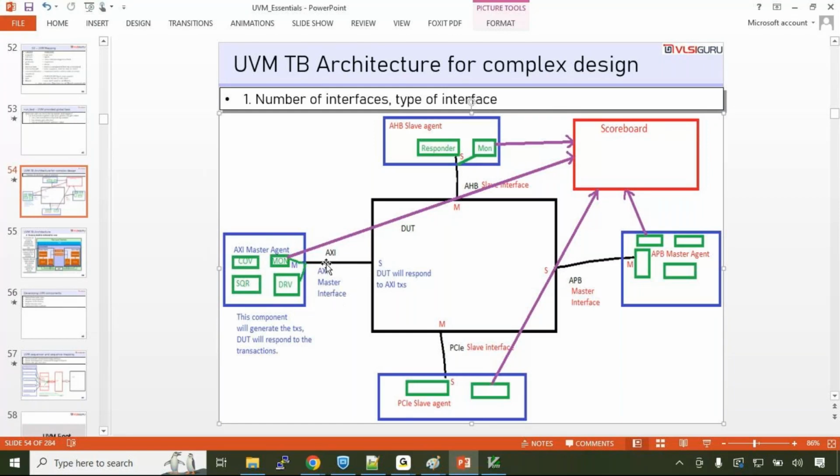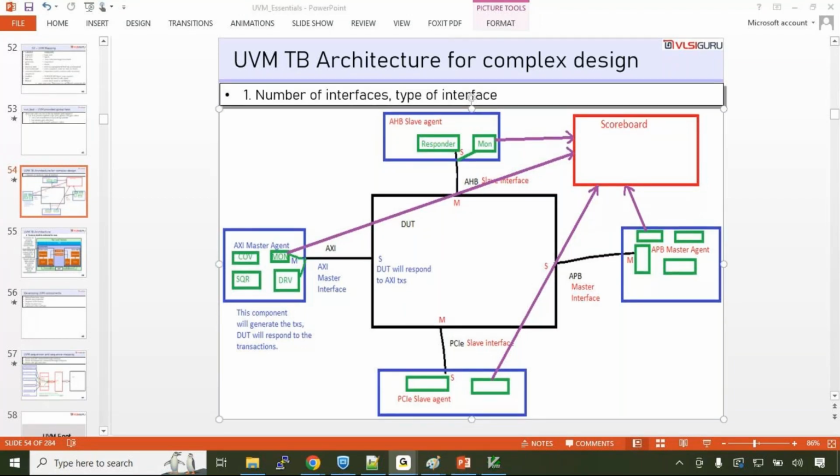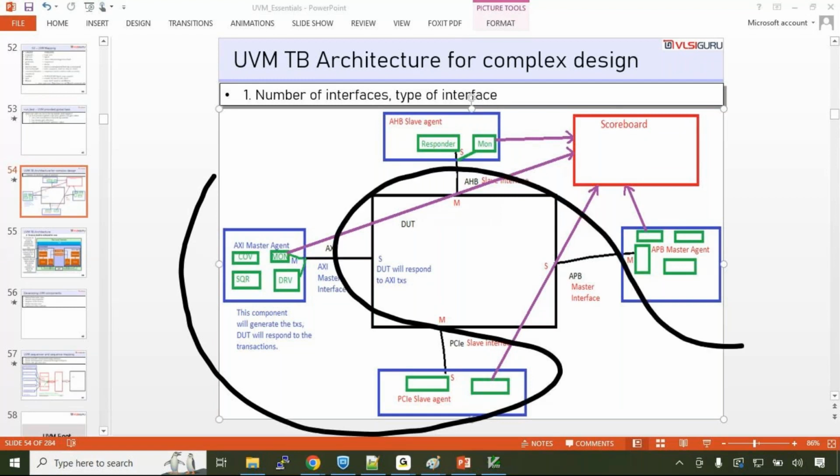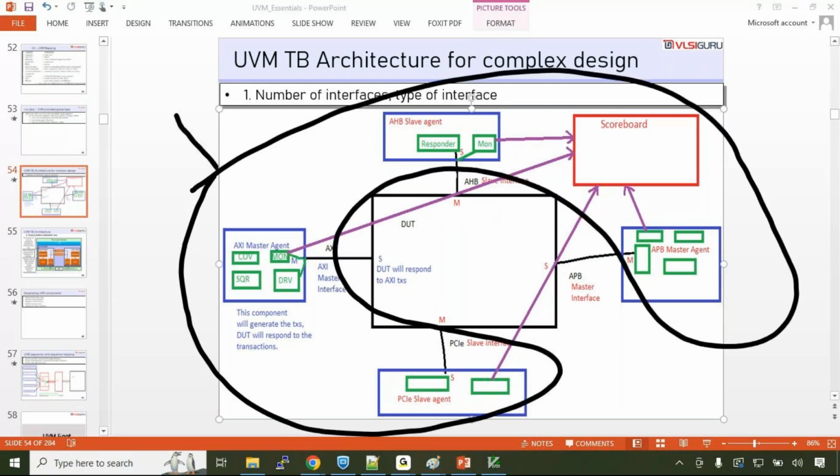If it is a master interface, you have to use a master agent. If it is a slave interface, I have to use a slave agent. Here it's a master interface, so I used an APB master agent. PCI Express is a slave interface, so I use a slave agent. All these things will go into one top environment.